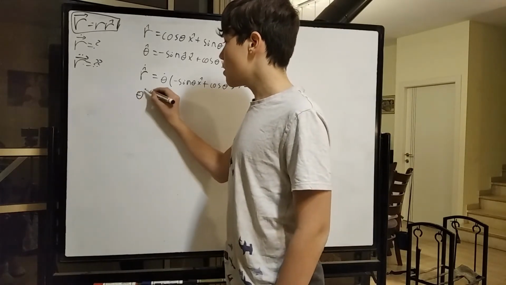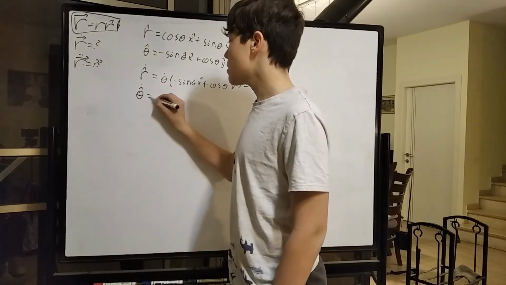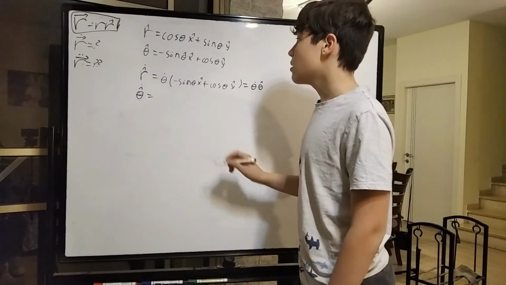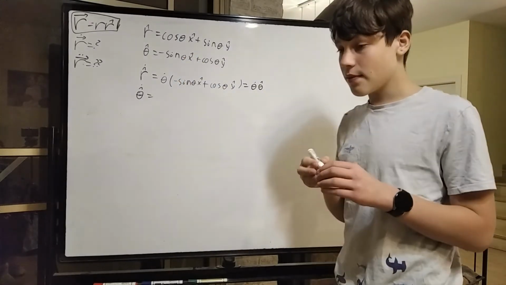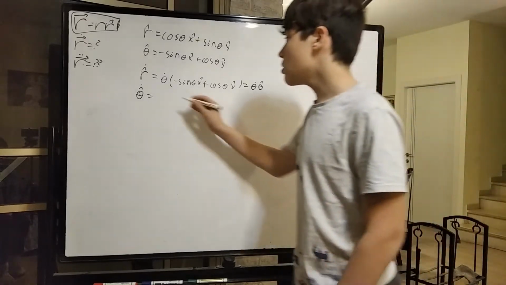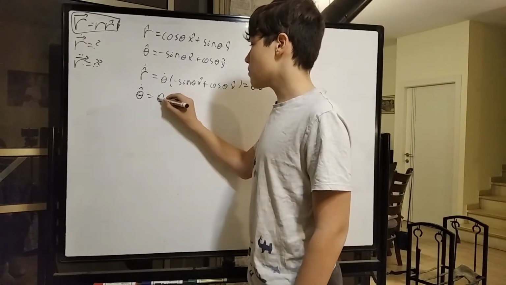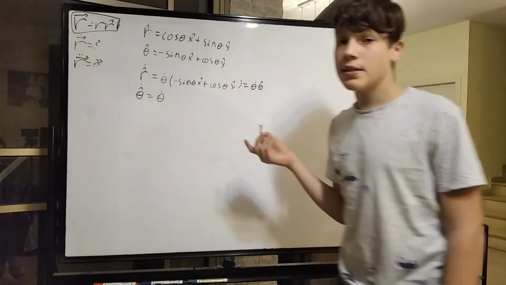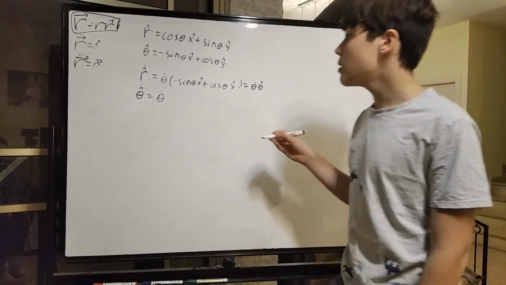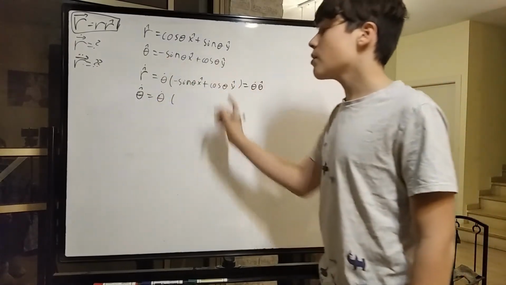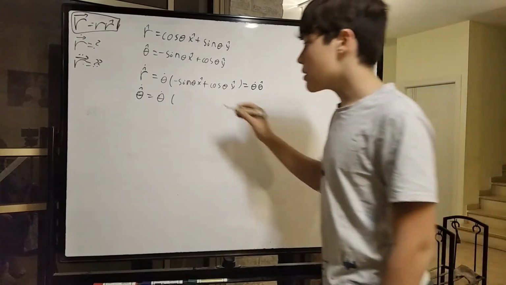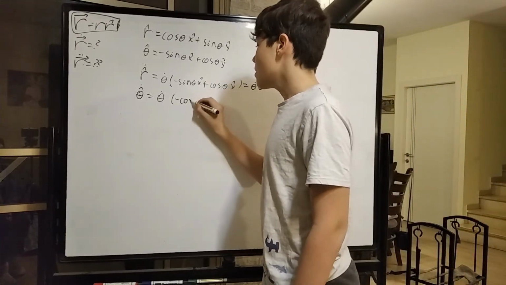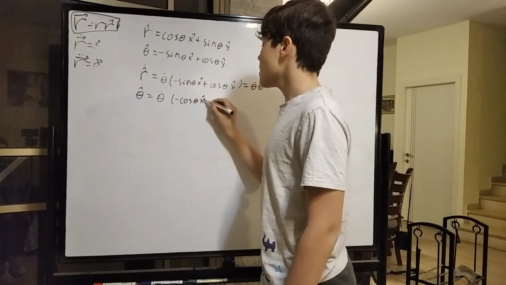Okay, now we will do a similar thing for theta hat. So theta hat dot is, again, we'll take the derivative. We do the derivative of our angle, which we don't have a nice formula for, it's just theta dot. It depends on the problem. And then the derivative of each one of these. So the derivative of negative sine is negative cosine, so negative cosine theta x hat.